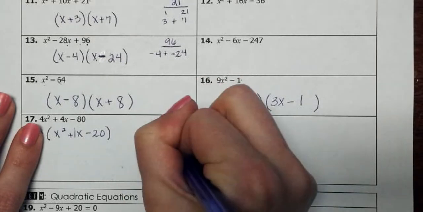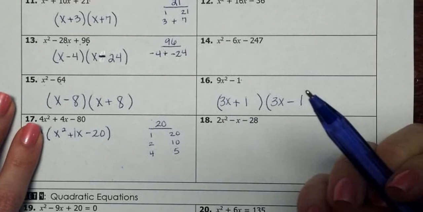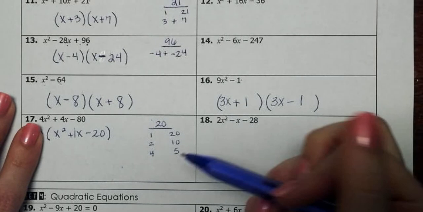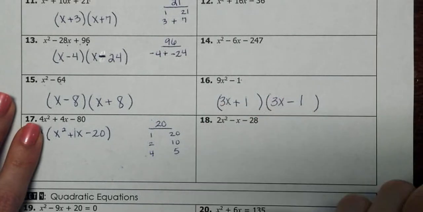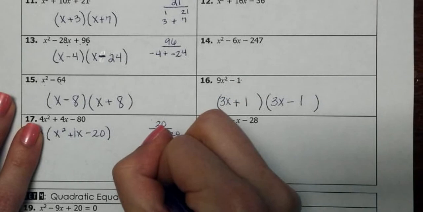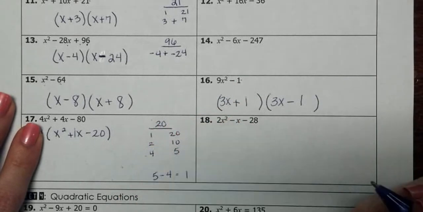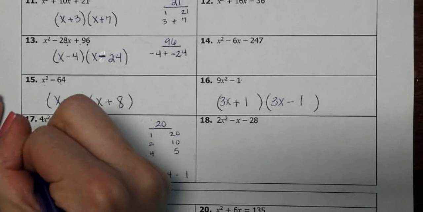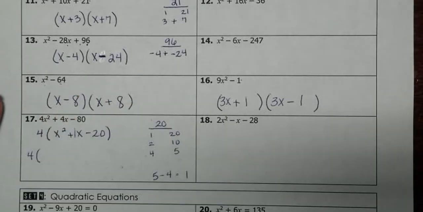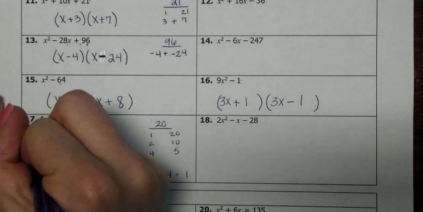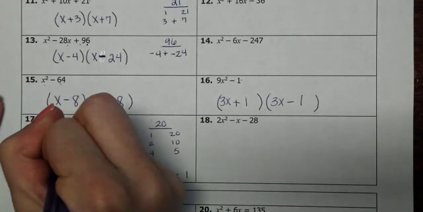Which ones will subtract to give me 1? 4 and 5. So I should have 5 minus 4 will give me 1. So I'm going to keep the 4 out in front because it's still a part of my equation. But then I'm going to have x plus 5 and x minus 4.